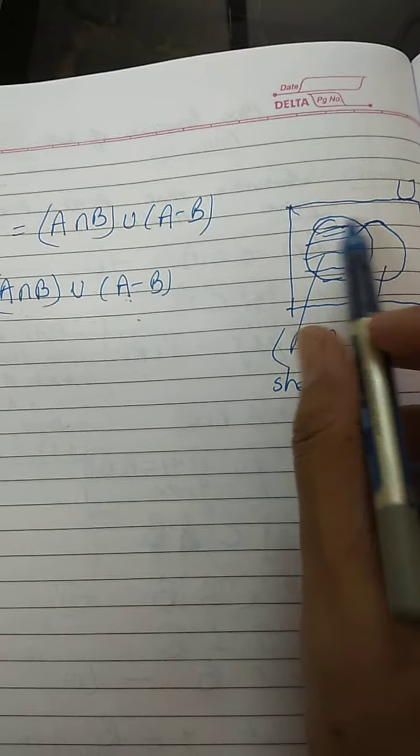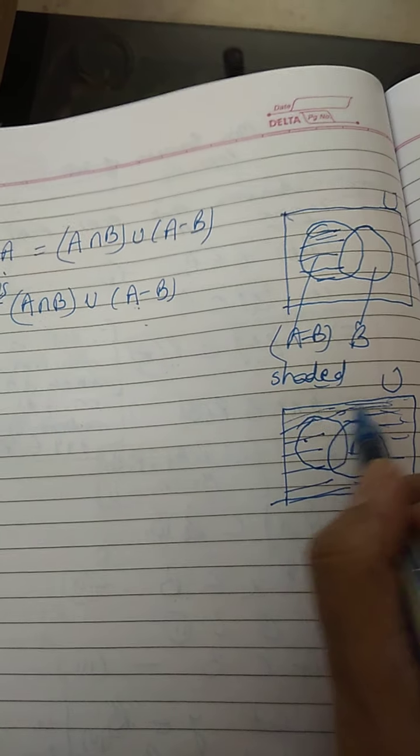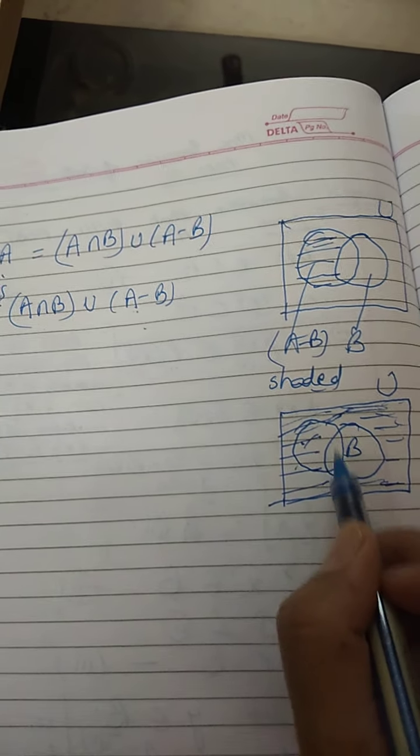Let me draw one more Venn diagram to make you understand what I am going to do here. This is set B, this is set A, right? And what will be B complement? B complement means everything except the set B. Everything of the universal set except set B will come under B complement.